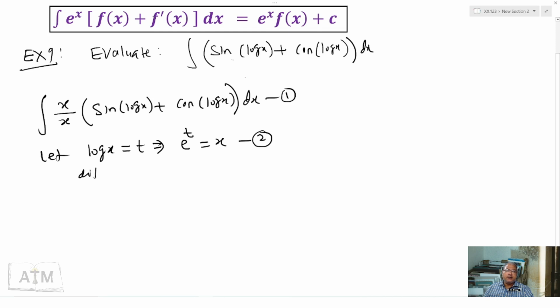So differentiating with respect to x, differentiation of log x with respect to x equals dt by dx, 1 upon x dx equals to dt. Now in the given question 1 upon x dx can be equal to dt.